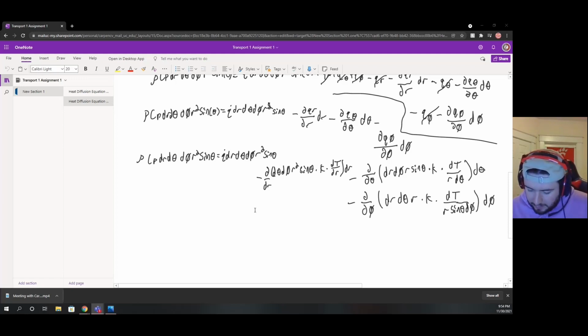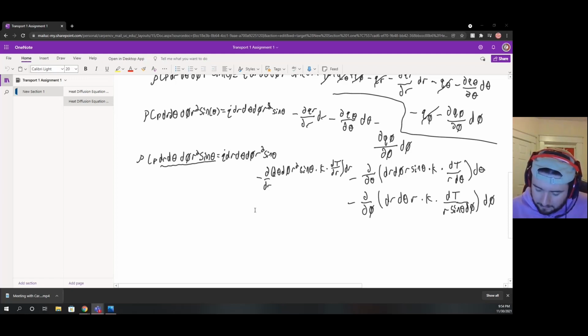So now that we've done that, we can divide this volume, divide that volume through, and that's pretty much the same thing as last time.